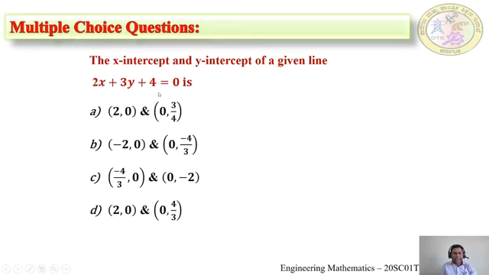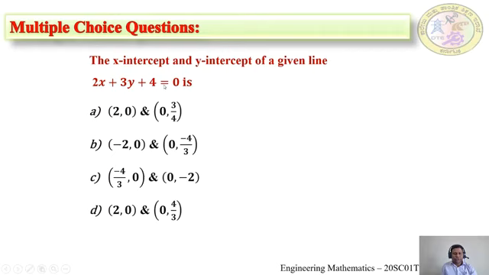Again, to find the x-intercept and y-intercept, we have to take x equal to 0 and y equal to 0. First, if you take y equal to 0 here, it becomes 2x plus 4 equal to 0. 2x is equal to minus 4. So x is equal to minus 2. So minus 2 comma 0, where is it? It is in only one place. Okay. Then if you put x equal to 0, 3y plus 4 equal to 0. So 3y is equal to minus 4.